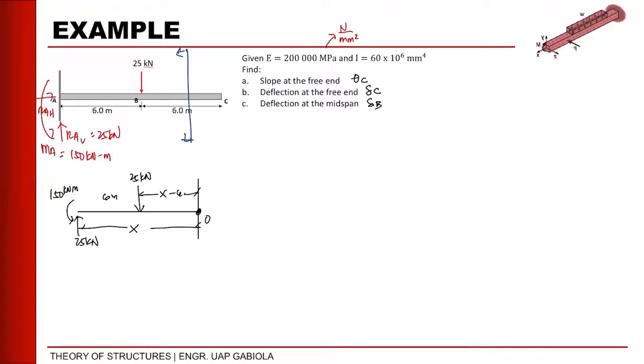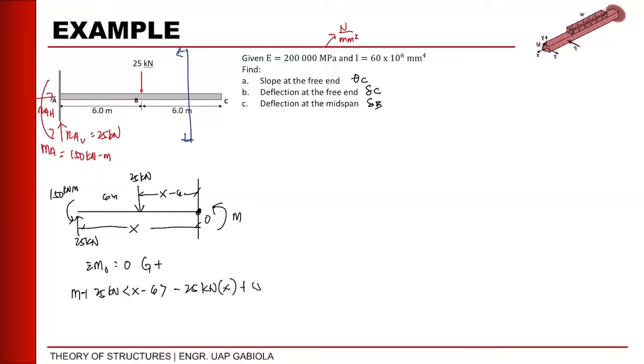Okay? Kunin natin yung moment at O, yun yung ating moment function. So summation of moment at O is equals to 0. Taking counterclockwise as positive, so we have M plus 25 kilonewton multiplied by X minus 6 minus 25. So meron pa pala tayo isang moment, no? Meron pa tayong 150 kilonewton. So lagyan natin yan later. Kilonewton times X. And then we have a counterclockwise then.